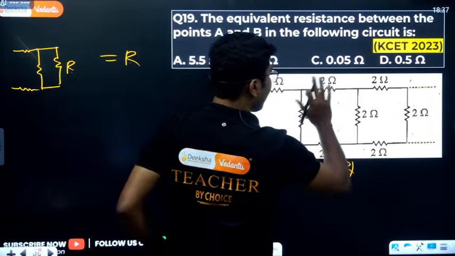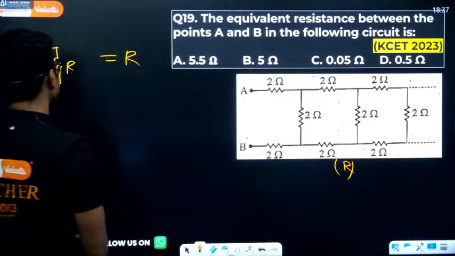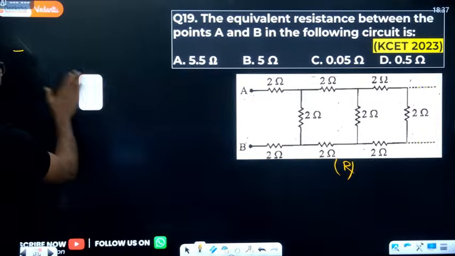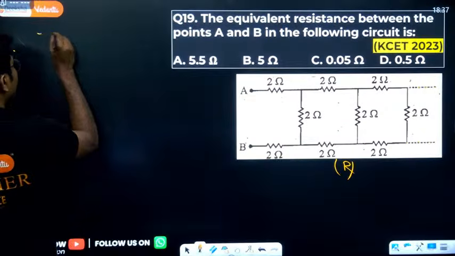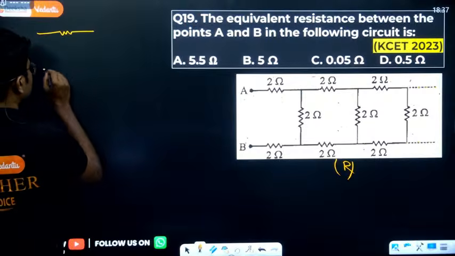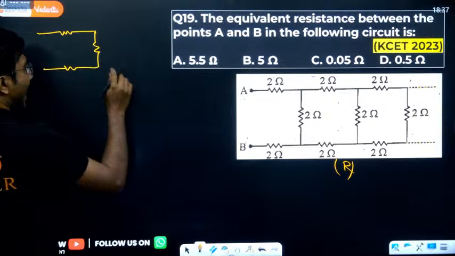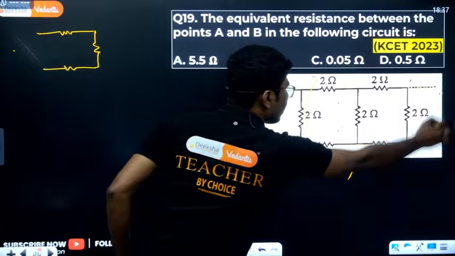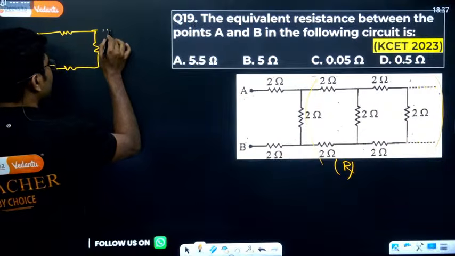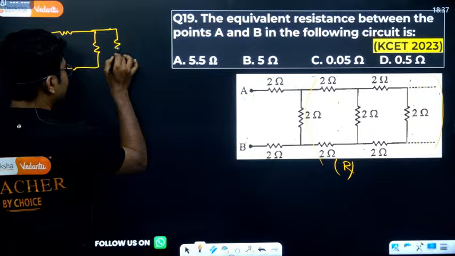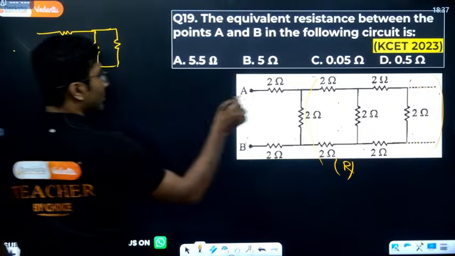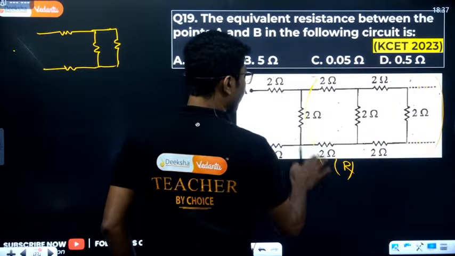So we say, okay, now let us remove this entire portion and bring back our original cutout. Original cutout was this, that we have cut from the circuit, and this portion will also have a resistance R. So that portion we can connect like this, right? Because we crossed over here and here.